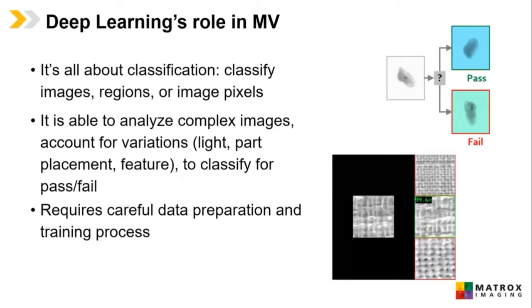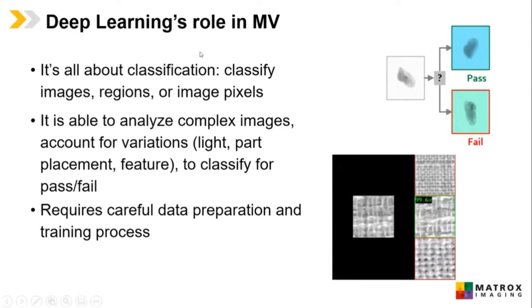But when it comes to machine vision, what is the role of deep learning? Well, it's all about classification. We're classifying images as belonging to pass or fail, go or no go. We can classify regions, or even classify at the pixel level which category something belongs to. So it's all about classification.